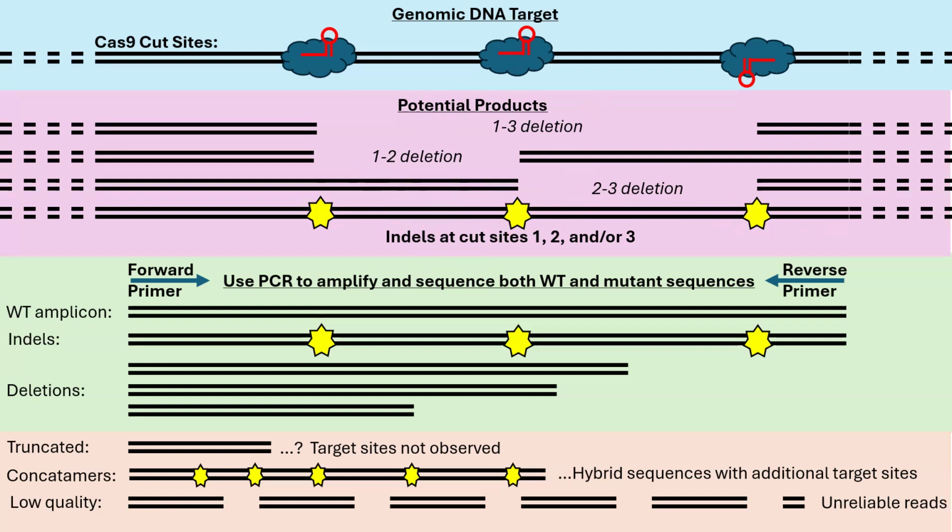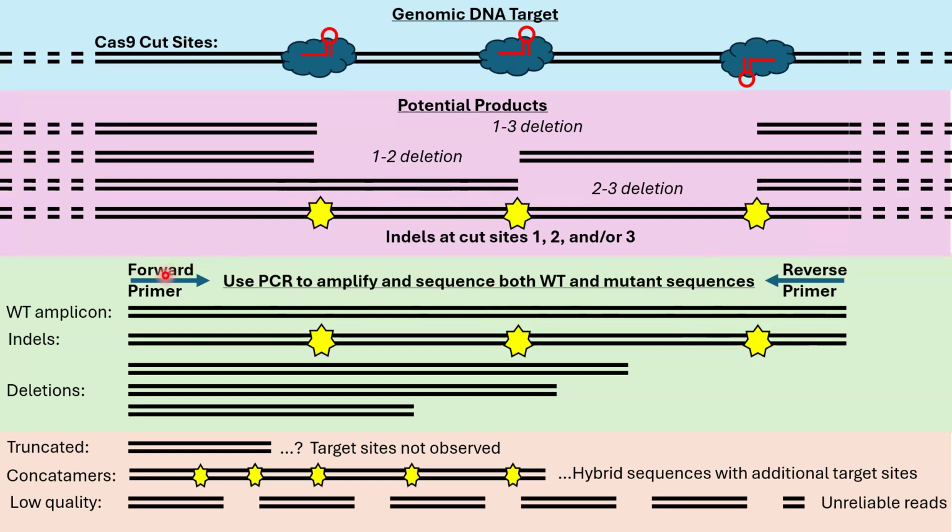Now, the way we're going to do that experimentally is by designing a forward and reverse primer that bind outside of these target regions, such that we can take these cells that have been treated with Cas9, extract their genomic DNA, and use PCR to amplify any type of target sequence that exists between this forward and reverse primer.